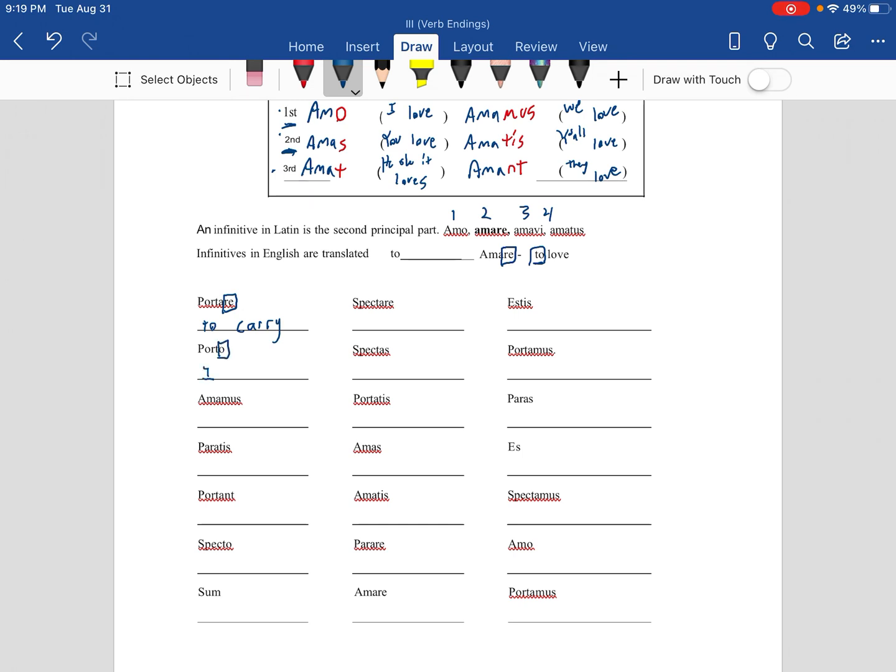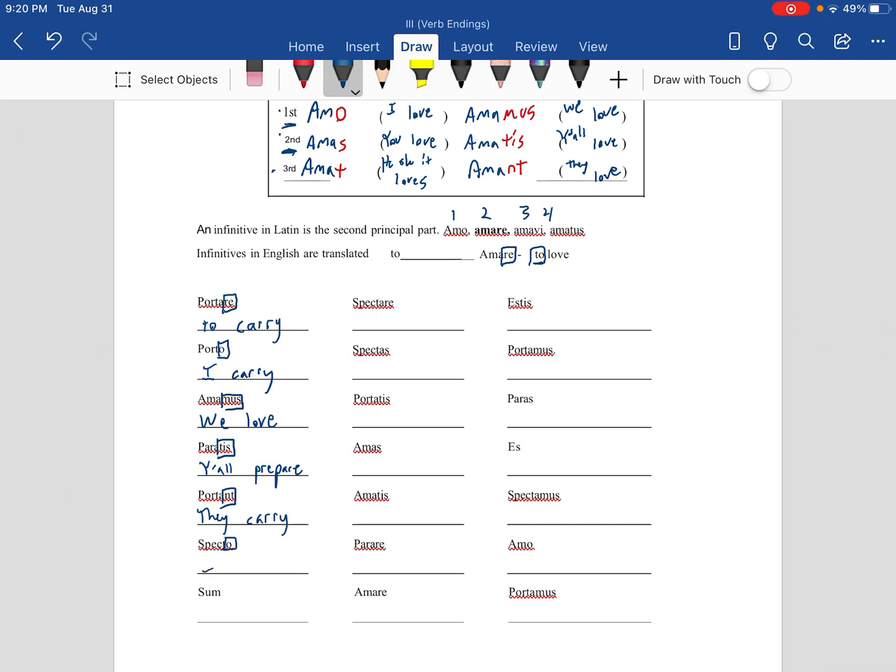O is I. I carry. We have a mus right here. Mus is we. We love. Paratis, tis is y'all. Y'all prepare. Portant, nt is they. So they carry.